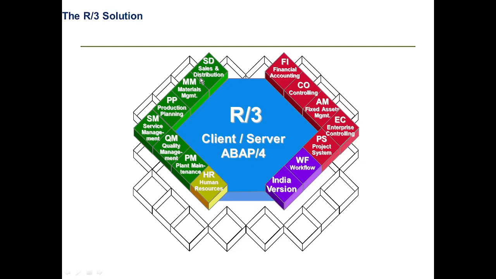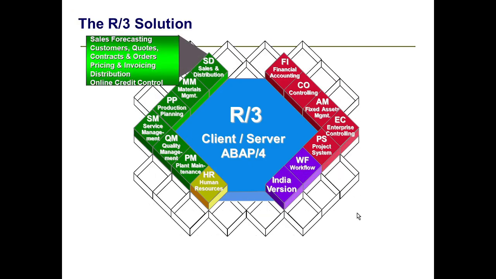FI, HR, PP, logistics. Next, move on to this explanation with customer quotation, contract, targeting, distribution. Each module is explained from a slideshow point of view. This is targeting SD actually.